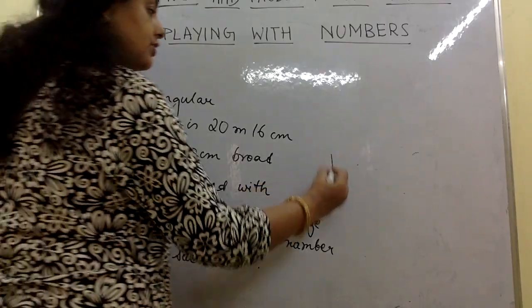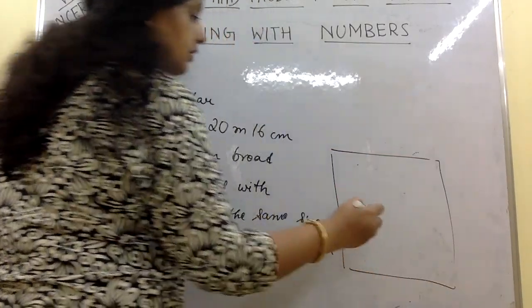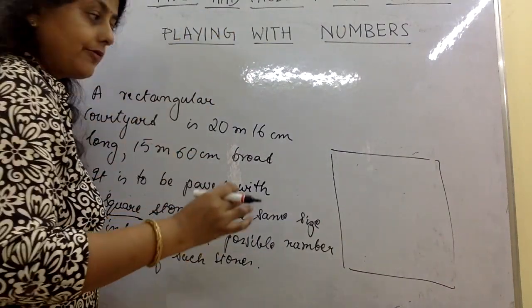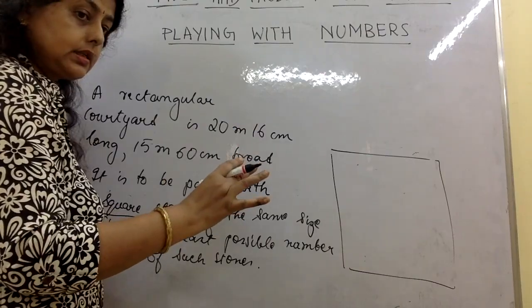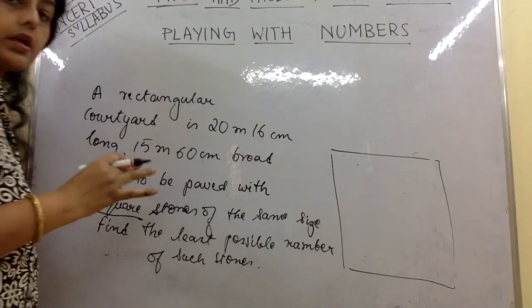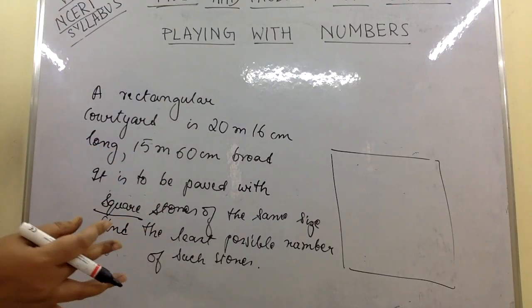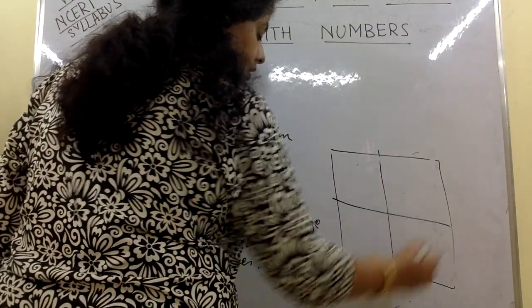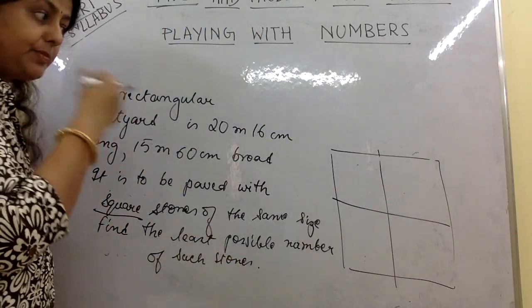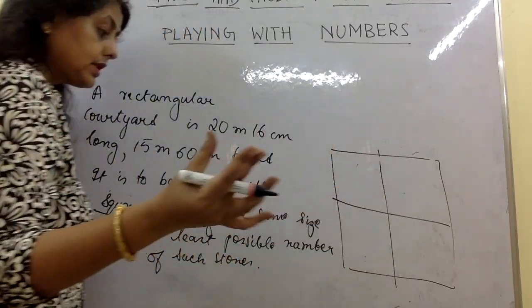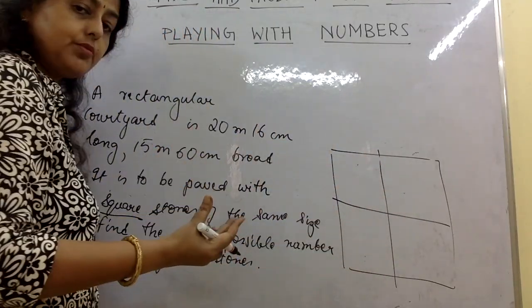Now let me ask you something. I give you one sheet of paper, and I tell you, fill it up with squares, which is the least number of squares. Okay, fill it up with the least number of squares. So maybe you will just do this. Yeah. So bigger the square, you fill it up with 4 squares. Bigger the square, smaller the number. Okay.